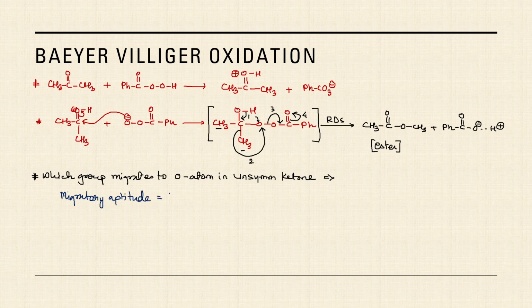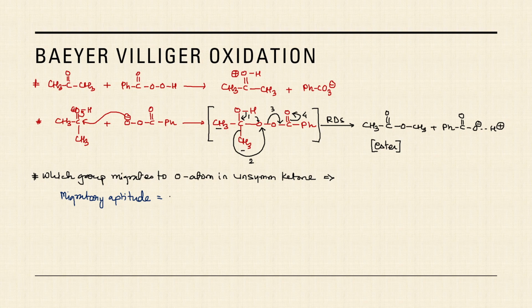The migratory aptitude is an experimentally calculated feature, so please do not try to make a lot of sense of this. Usually, when you are migrating a group to an electron deficient system, the group that migrates should have a very large amount of negative charge. That means electron donating groups will migrate faster than electron withdrawing groups.